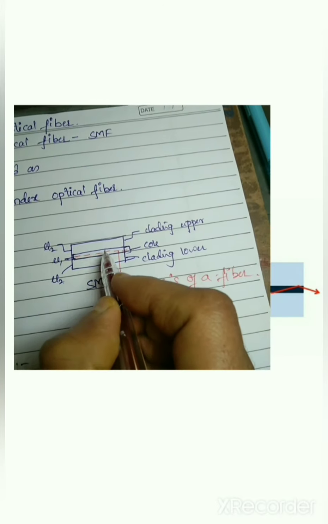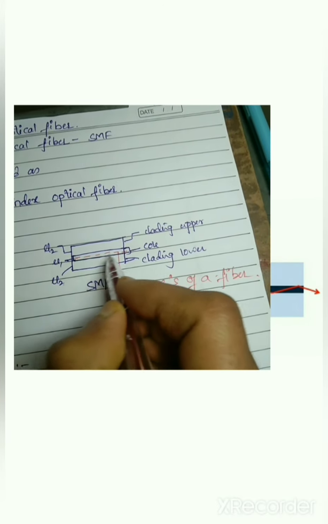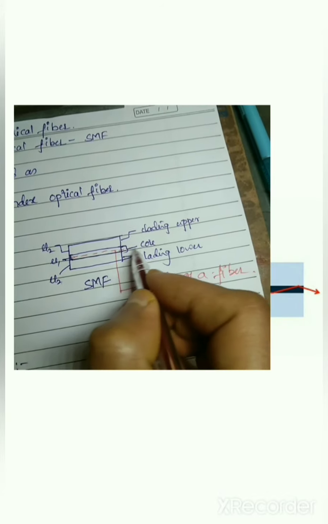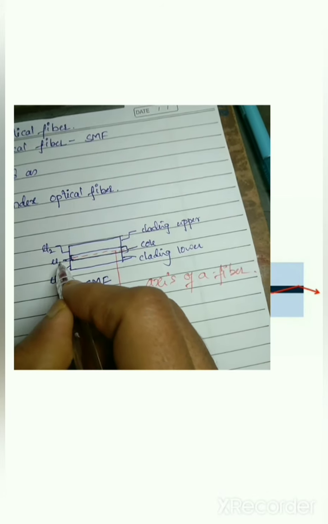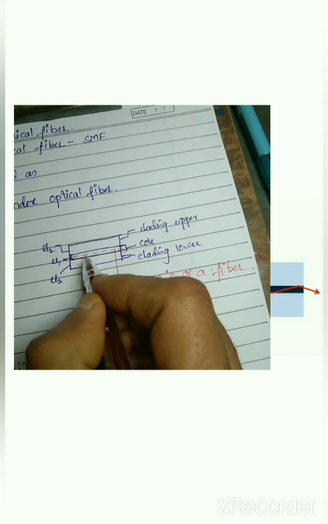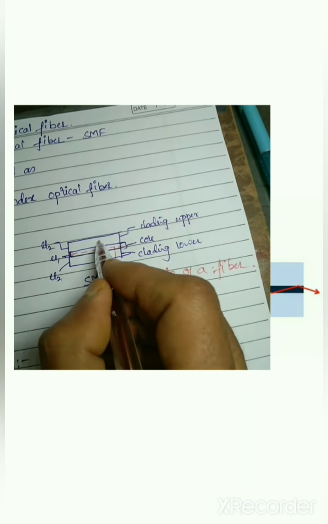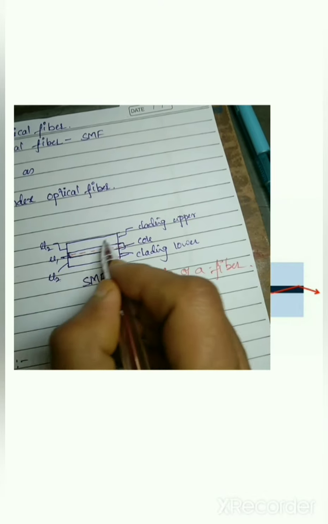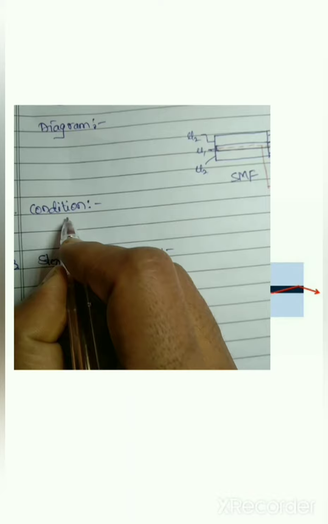Here we are understanding the core axis. Throughout the core axis, the refractive index mu1 is a constant. And the cladding refractive value is mu2. Now, after observing the diagram, let us clarify the condition.